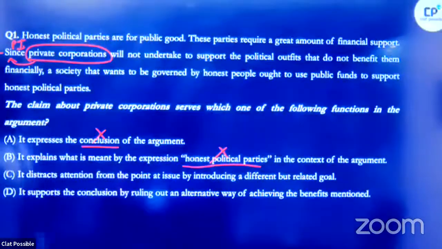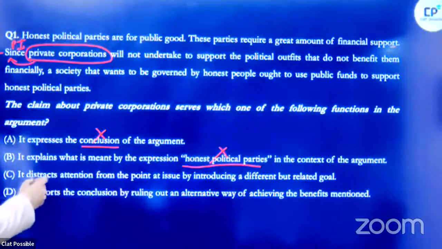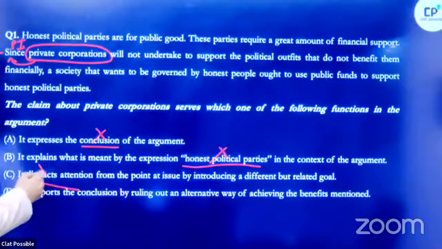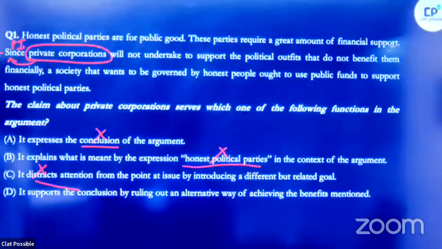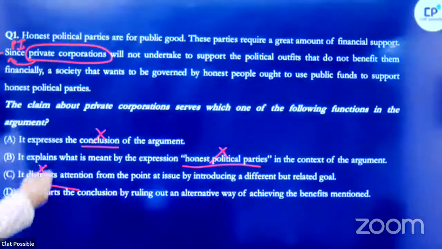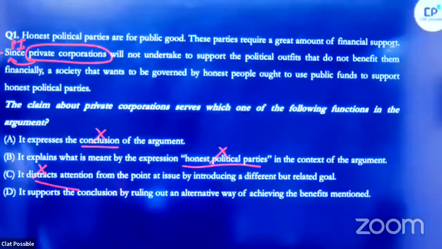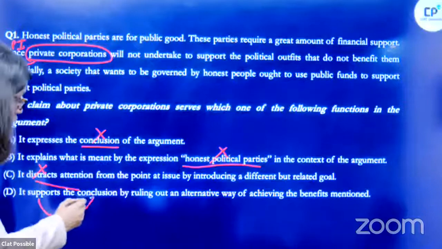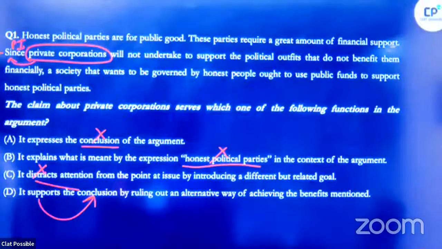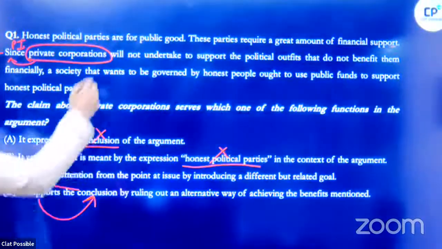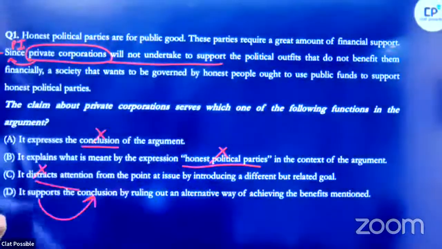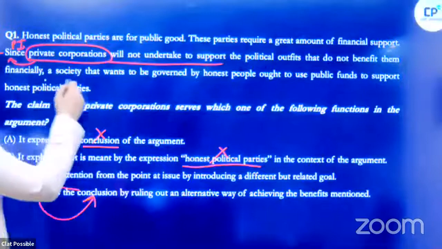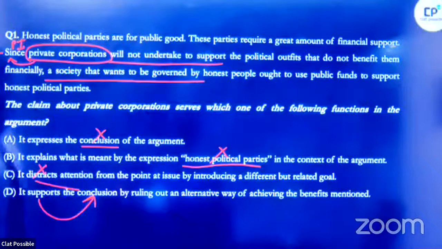I'm sure you have been able to eliminate B. It is not distracting our attention. It is a very short argument. It is written after since, which means it is a premise. A premise supports the conclusion. What type of support is private corporation providing? It is ruling out one alternative way and suggesting another way.